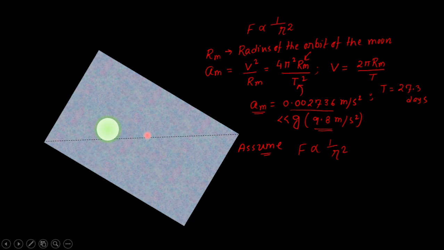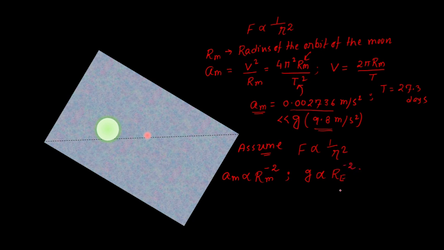So if we assume that the gravitational force due to earth is inversely proportional to the square of the distance from the center of earth, then we can write that am is proportional to rm to the power minus 2 and g is proportional to re to the power minus 2.